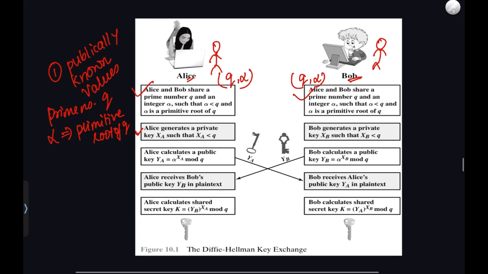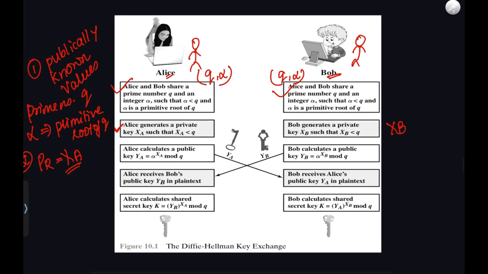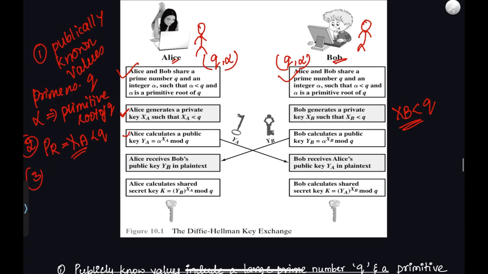Secondly, we'll be calculating the private key. In order to calculate the private key, we randomly select the private key, depicted as XA on this side, and on this side we depict it as XB. We have to select XA and XB such that they are less than the large number Q. So we have selected the private keys. The third step is to calculate the public key.